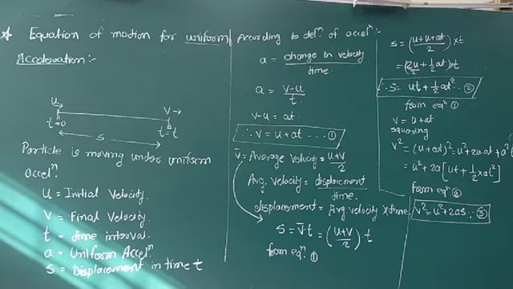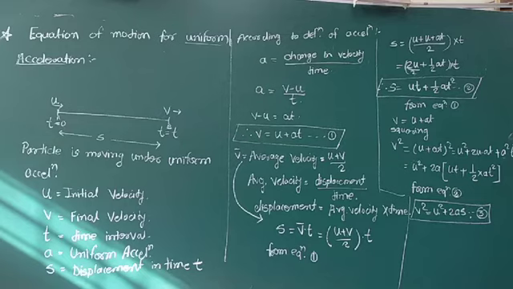Okay, so u is the initial velocity, v is the final velocity, t is the time period, a is the uniform acceleration, and s is the displacement in time. Now see, according to the definition of acceleration, acceleration is equal to change in velocity upon time.